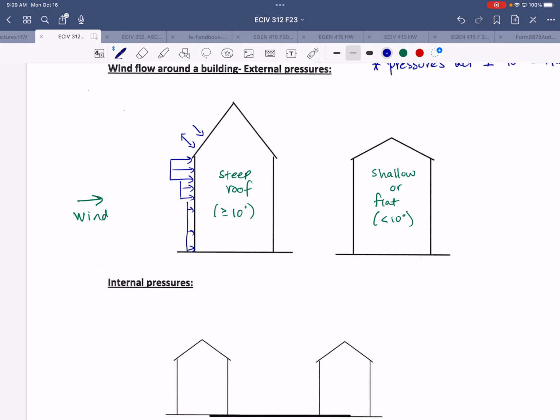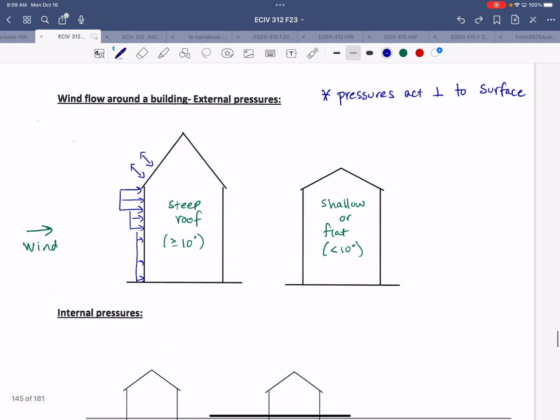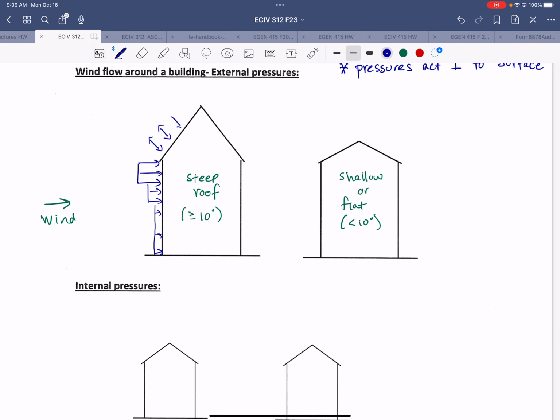There are other factors that come into play there, and we would need to check for both possibilities. On the leeward side, we would only have negative pressure on the roof and also on the leeward wall.